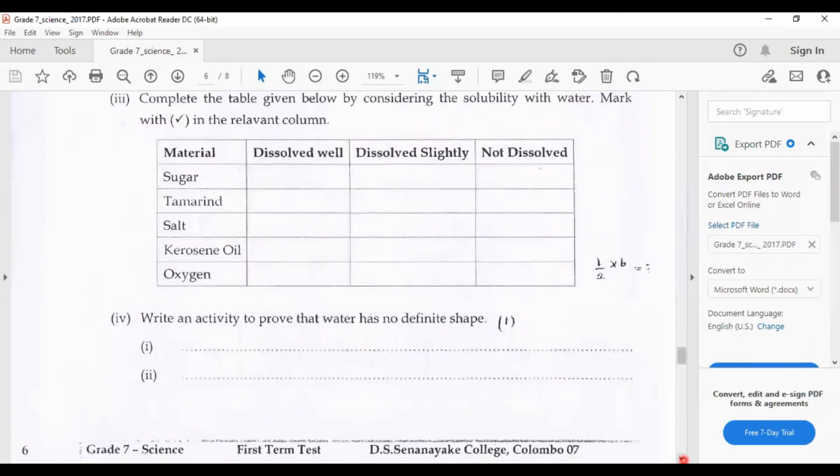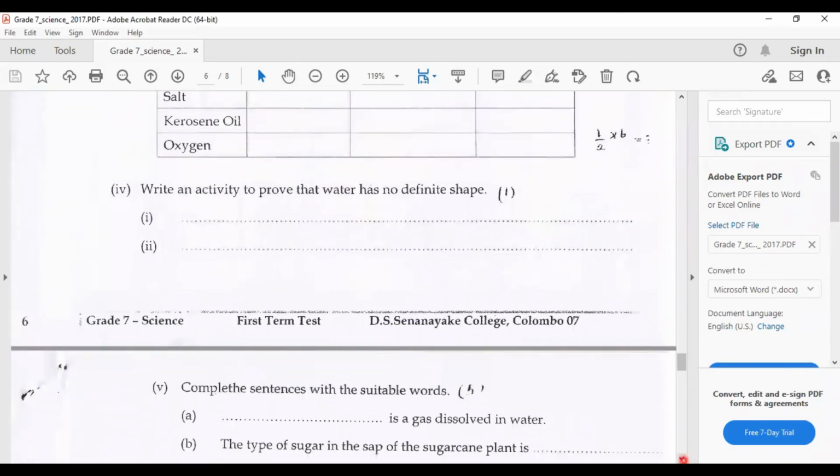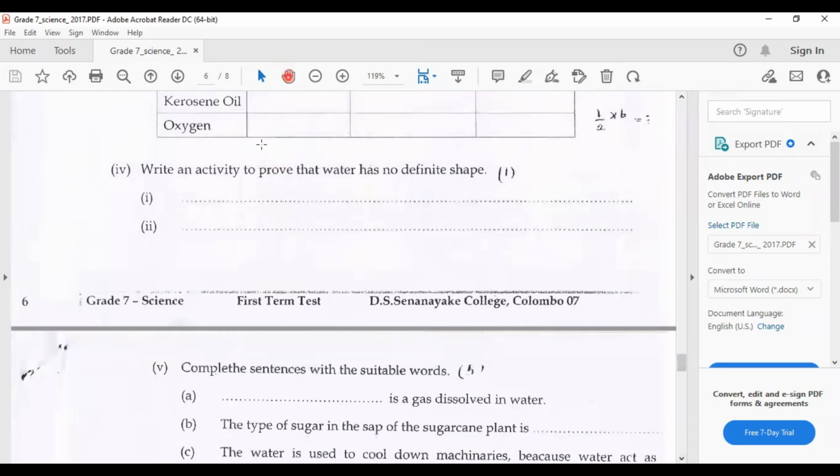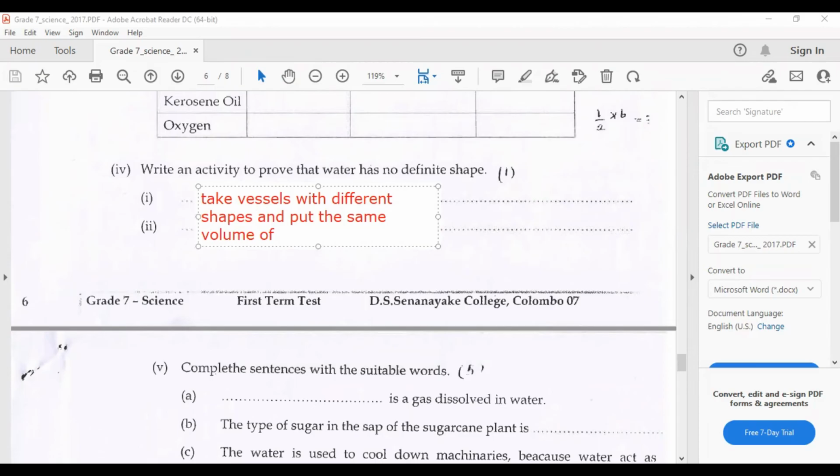Problem number 4. Write an activity to prove that water has no definite shape. Write down the steps of that activity. Take vessels with different shapes and put the same volume of water into them.